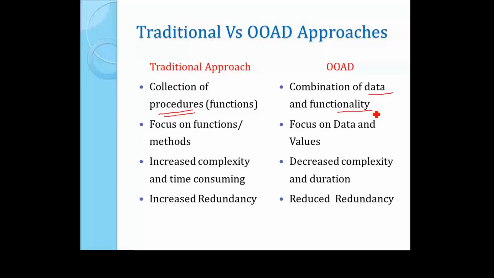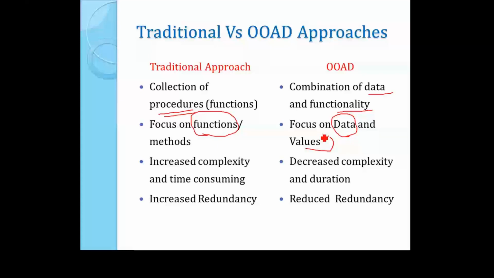The second difference is that, as I already said, traditional approaches focus mainly on functions only. But the next approach, OOAD, concentrates on both data and its corresponding values. That is the second major difference. In traditional, you concentrate only on functions, but in OOAD, you concentrate on data and also its values.